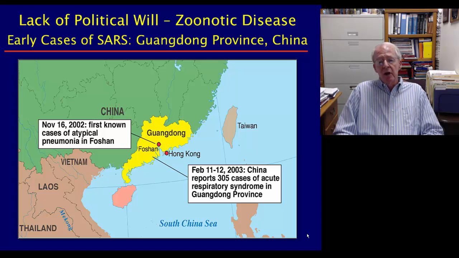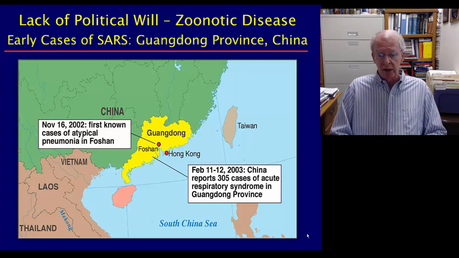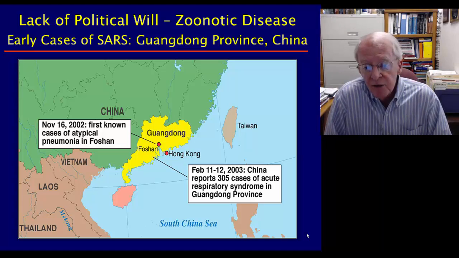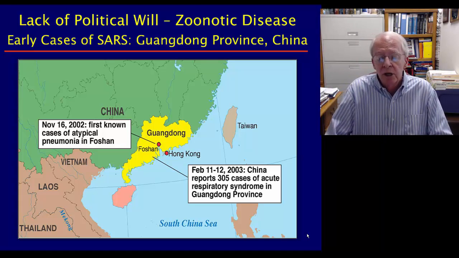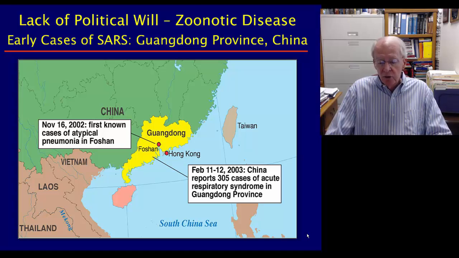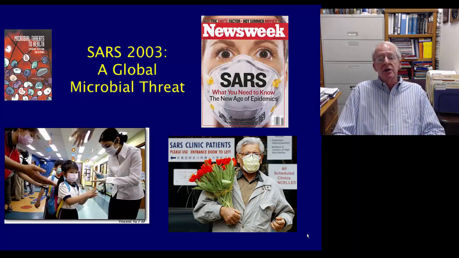However, it wasn't until February of 2003 that China reported 305 cases of illness involving an acute respiratory syndrome in Guangdong province to the World Health Organization, WHO. SARS in 2003 indeed was a serious global microbial threat.